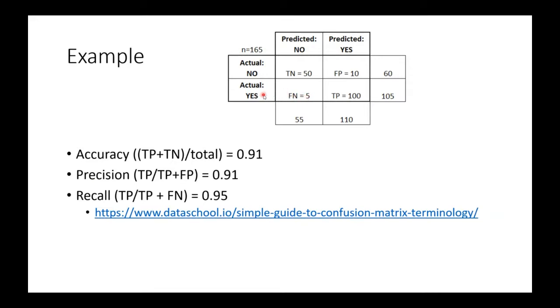Because you don't want to send a person home that has an actual case of cancer just because your system predicted no, and you're not going to look at it anymore. So you prefer to err on the side of your system predicting more cases, so making more type 1 errors, meaning that the mold was not a case of cancer, but the system predicted that it was, because in these cases you're going to do more analysis, right?